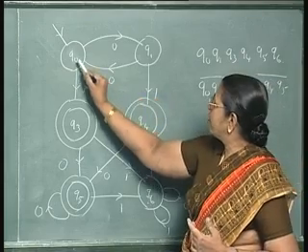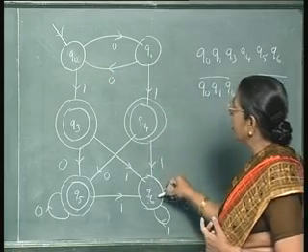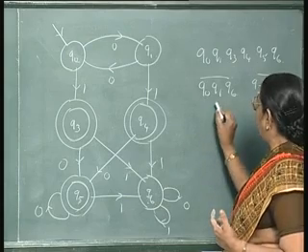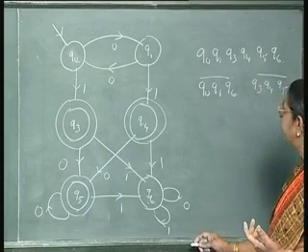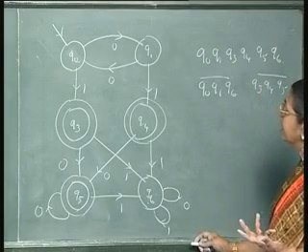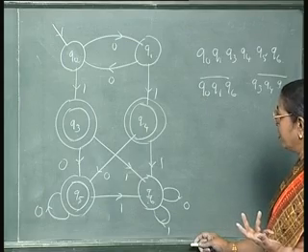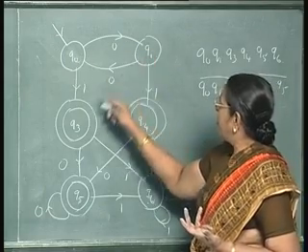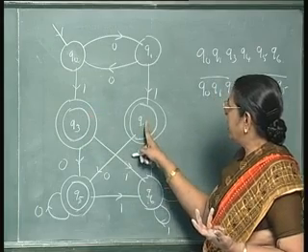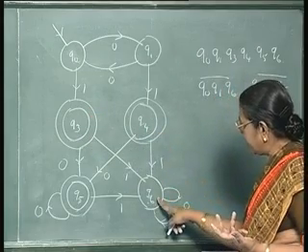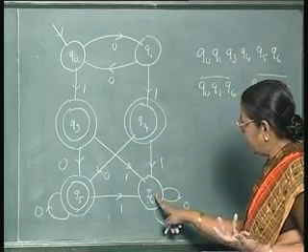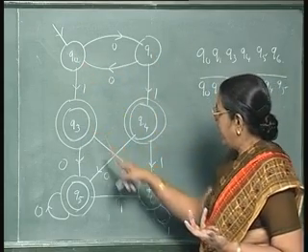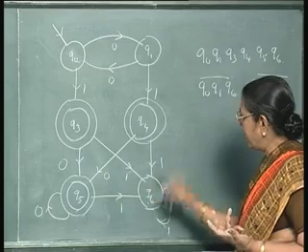The 0 successors of Q0, Q1 and Q6 are Q0, Q1 and Q6. That does not make any difference. What are the 1 successors of Q0, Q1, Q6? The 1 successors of Q0 and Q1 are Q3 and Q4, but the 1 successor of Q6 is Q6. So, 1 takes these 2 to a final state, whereas 1 takes this to a non-final state.